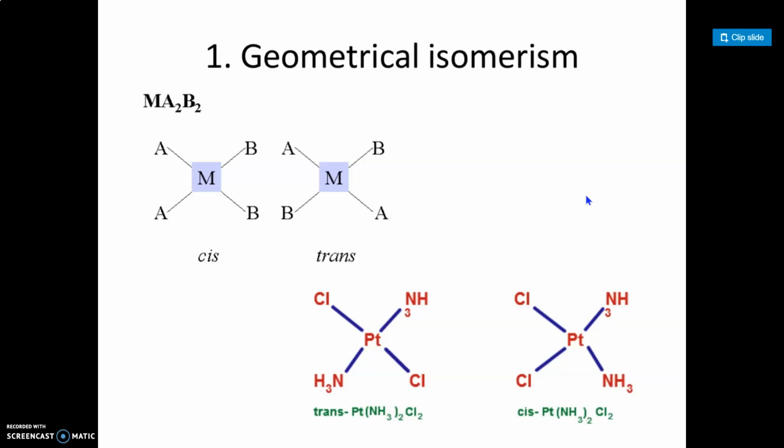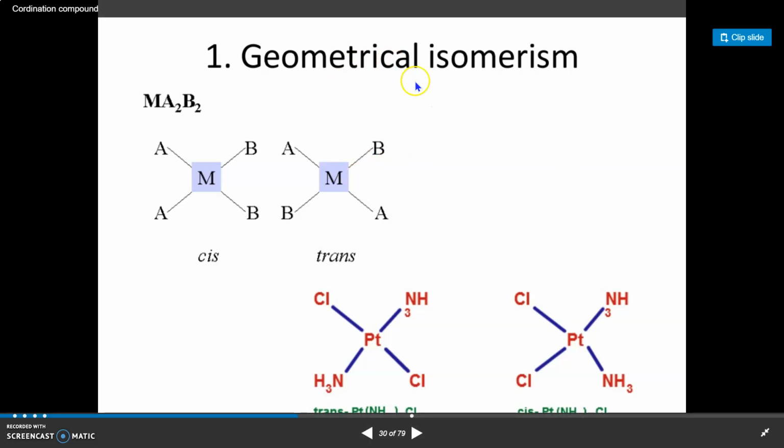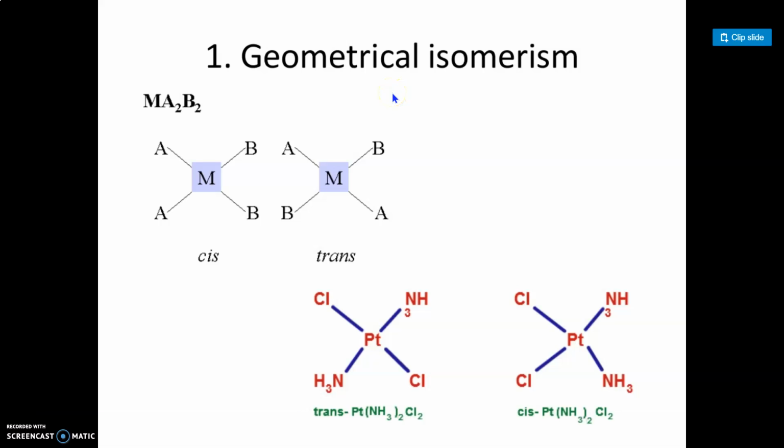So firstly we discuss geometrical isomerism. This type of isomerism arises in coordination compounds due to the difference in geometrical position, that is arrangement, of ligands around the central metal ion.